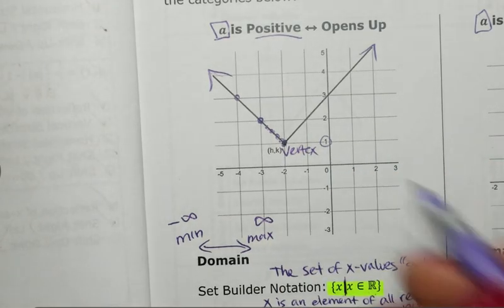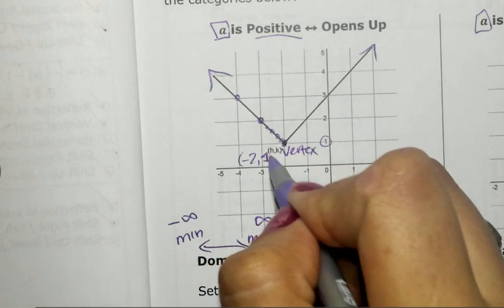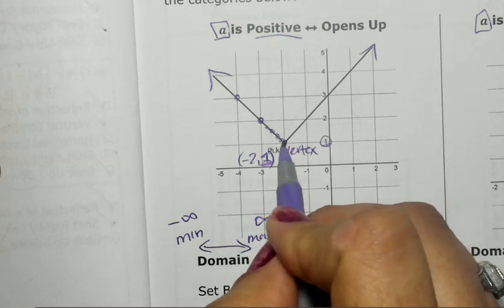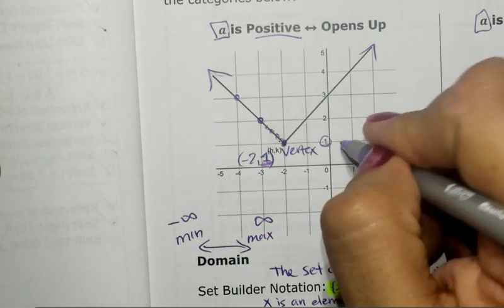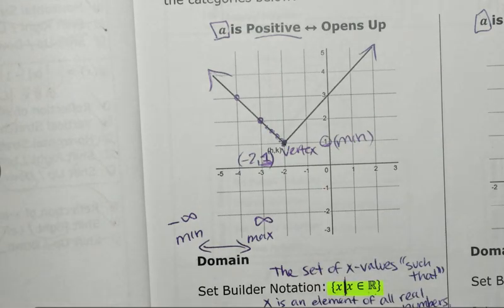So the vertex itself is (-2, 1), but only the y value tells us what that lowest point is. That's what we need to recognize this as a minimum or maximum. In this case, we have a minimum.